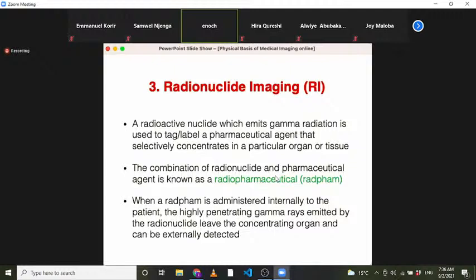So in radionuclide imaging, we say we introduce a radiopharmaceutical. The radioactive material emits the gamma ray that is detected, while the pharmaceutical component acts as a vehicle that delivers the radionuclide to the organ that one is interested to image, okay, if it is for purposes of generating an image.